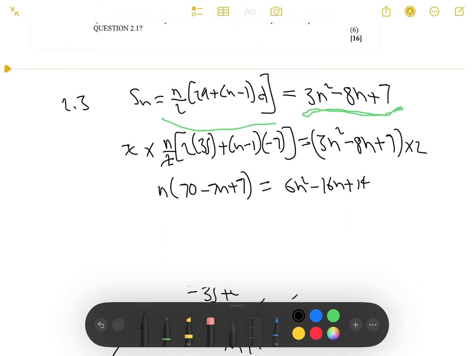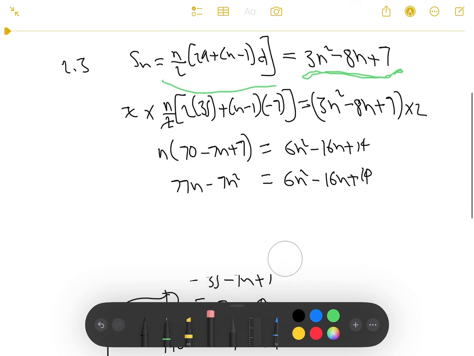Of which here we end up with, not 70, this is 77. 77n minus 7n squared, which equals 6n squared minus 16n plus 14, right?